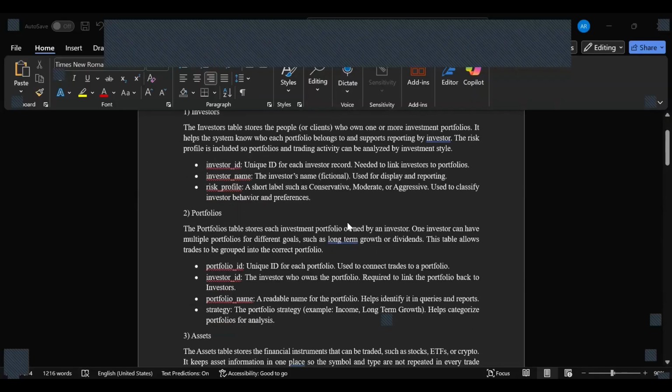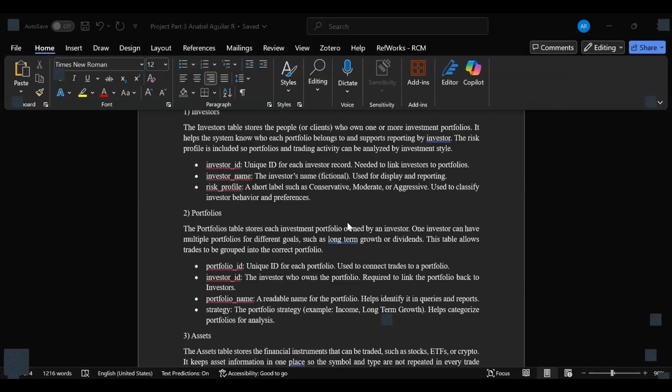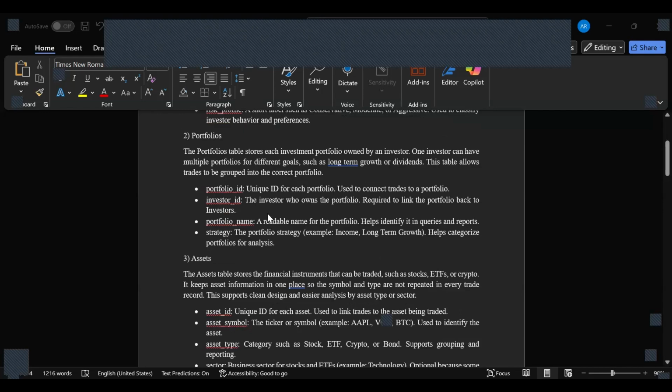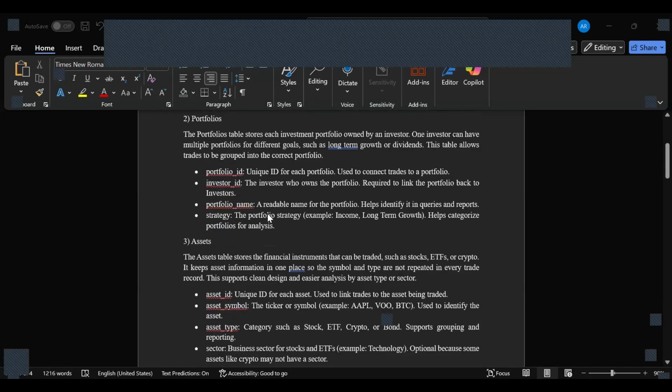We have our investor ID, the investor name, and then the risk profile. Then we have the portfolios table, which stores each investment portfolio owned by an investor. One investor can have multiple portfolios for different goals, like long-term growth or dividends, depending on each client's case. For this one, we have portfolio ID, investor ID, and portfolio name.